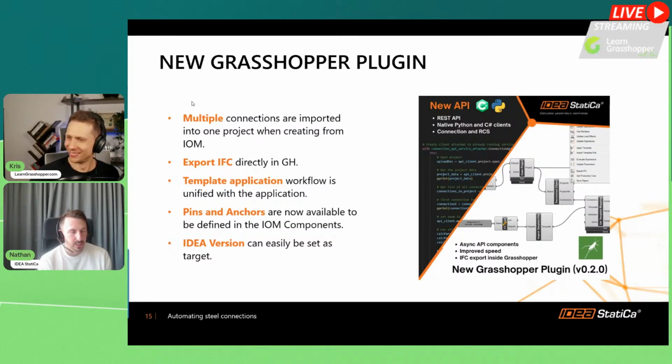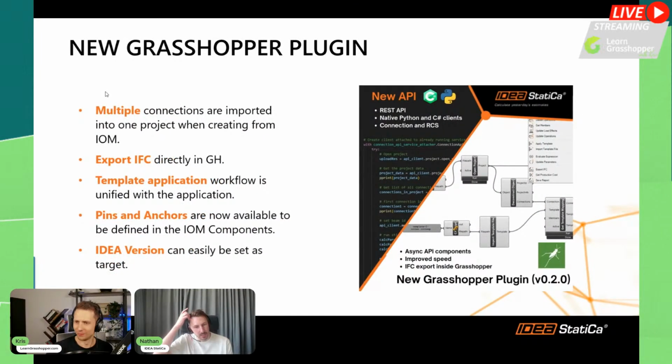Exactly. In the previous version, there were lots of IO operations that we had to do in the Grasshopper plugin to get it working with Grasshopper. This allows us to have one project that we can pass between components to make it more efficient.